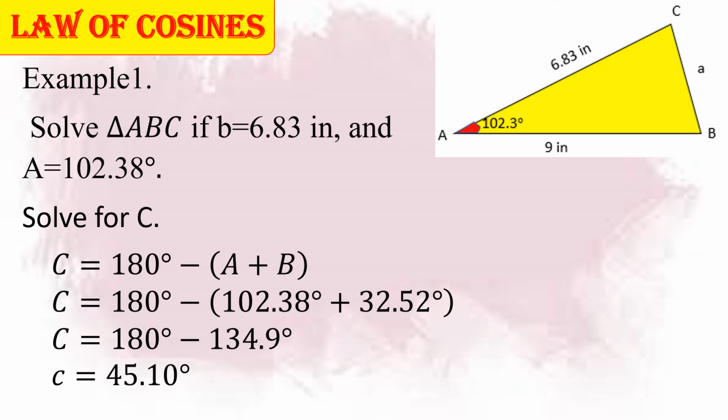So, magiging 180 minus 134.9 is, wait lang, i-compute natin siya. So, magiging 180 minus 134.9, and that makes 45.1 degrees. Okay, so that is the measurement of angle C.